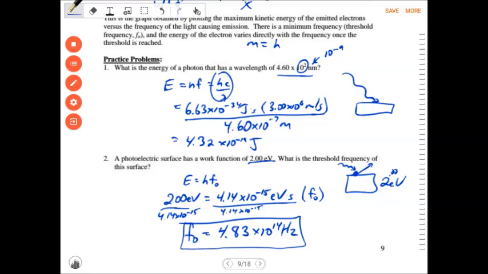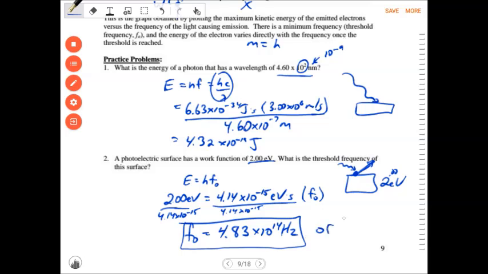So this frequency or higher will kick off the electron. Lower frequencies, of course, are lower energies, and if I don't have enough energy, nothing happens. So this is the minimum frequency I can have to start kicking off electrons.